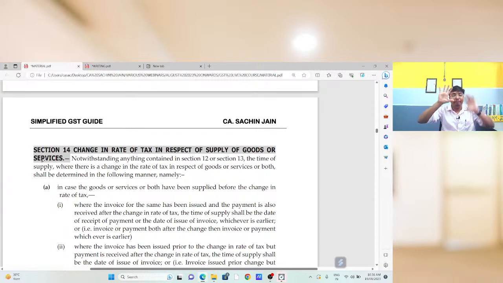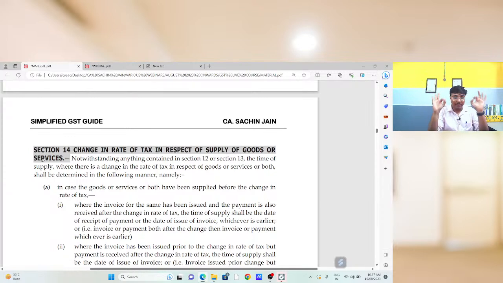And in both, we discussed 5 things: supply in case of forward charge, in case of reverse charge, vouchers, addition on account of interest and late fees, and residual cases. The same points we discussed from the services point of view, section 13. And also we covered the timeline to issue the invoices in case of goods and in case of services.